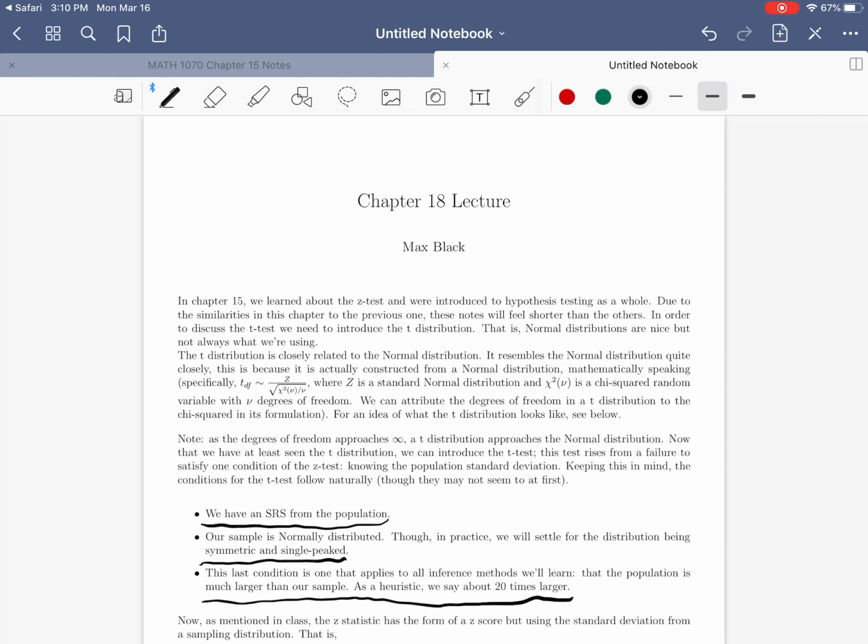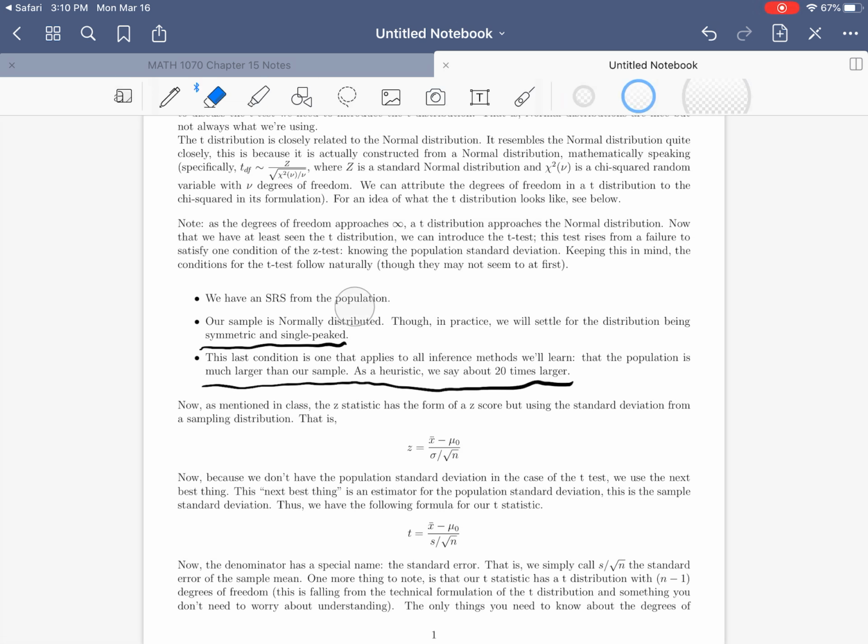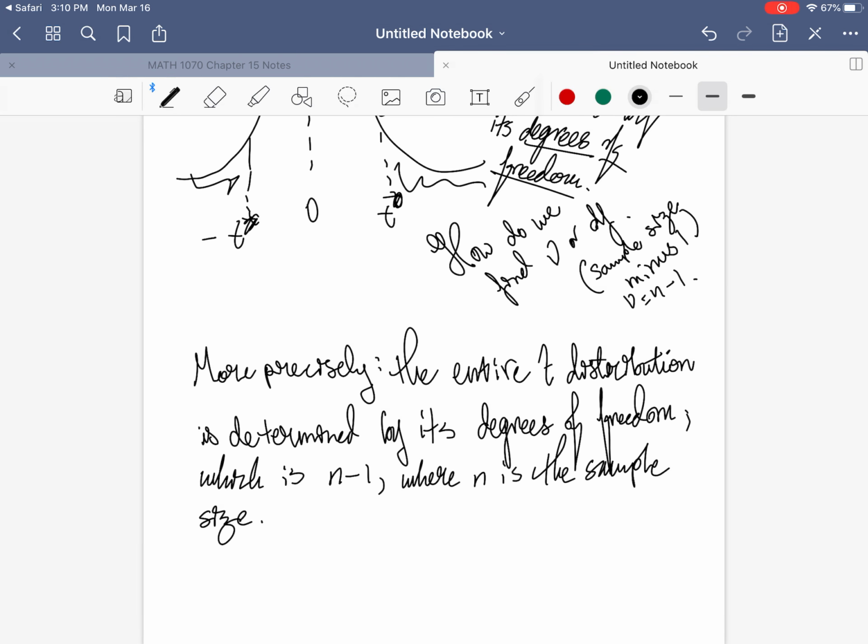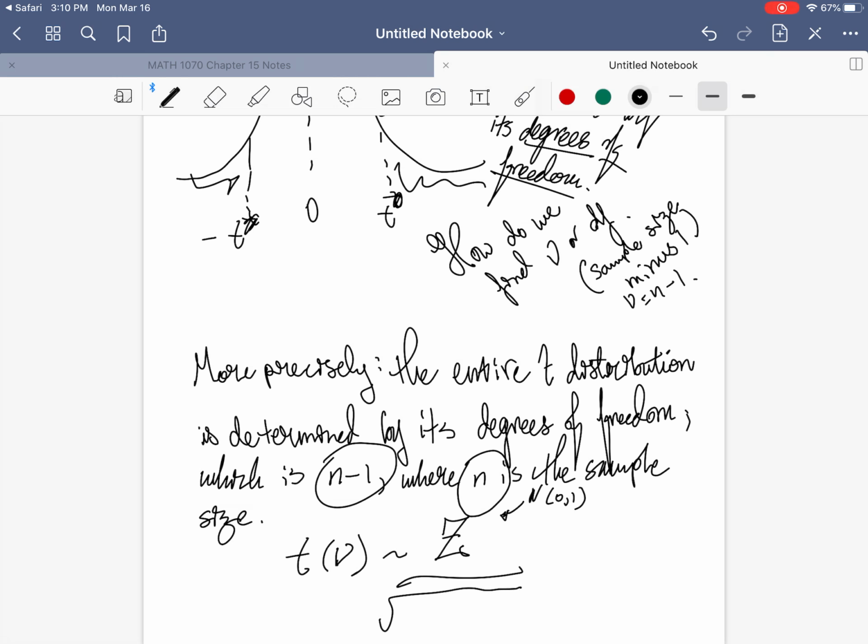So let's keep going a little more with the notes. We talked about these assumptions, we talked about the different forms. And just as a nice quick note for those of you who are interested, the reason these degrees of freedom are popping up in the t is that a t distribution of, say, nu degrees of freedom is actually distributed as taking a standard normal distribution, where this is N(0,1), and dividing it by the square root of another distribution we'll talk about later in class, which is the chi-squared of nu degrees of freedom divided by nu.